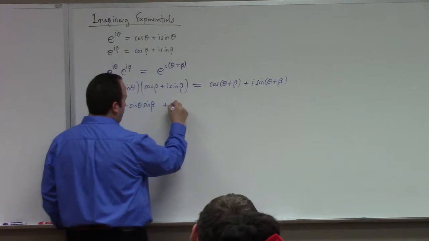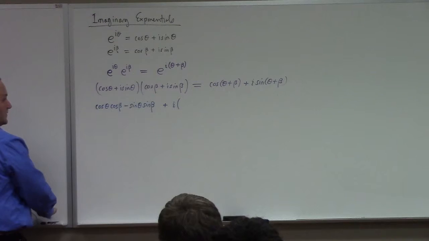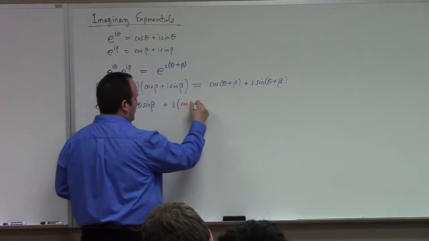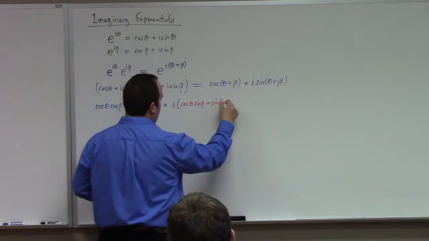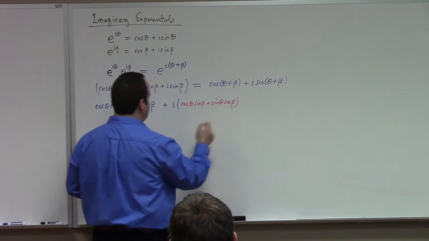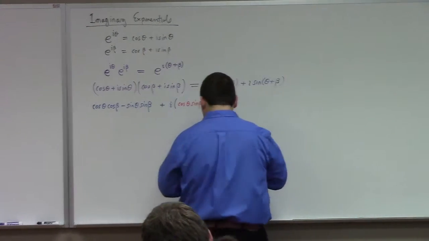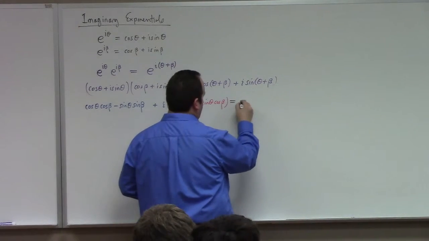Plus i times, let's see here, cosine theta sine beta plus sine theta cosine beta. Now that's all equal to what's up here, right?